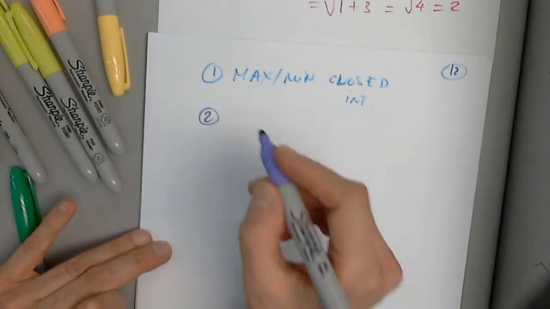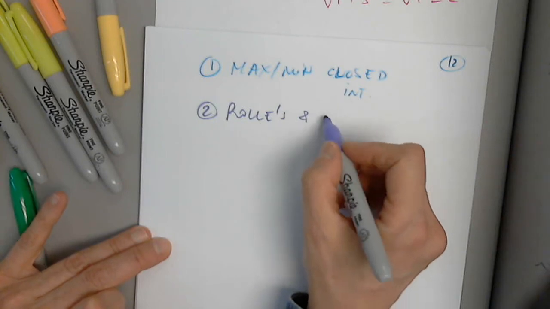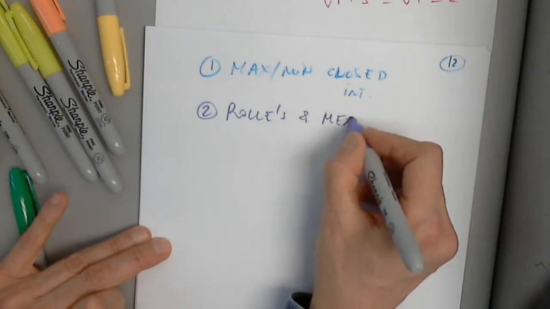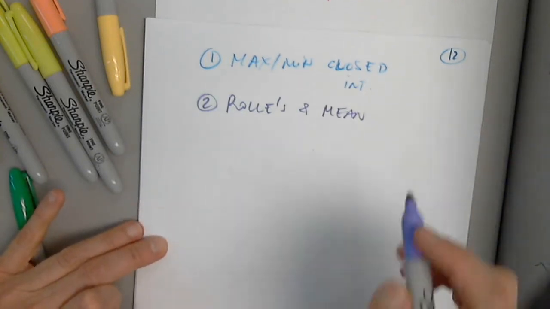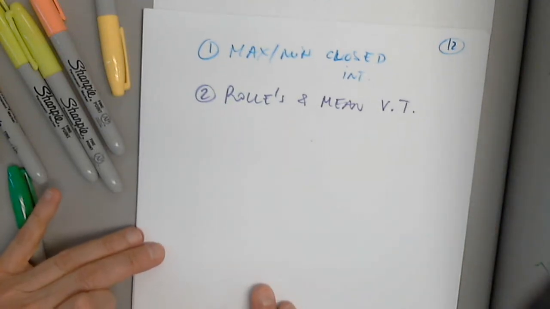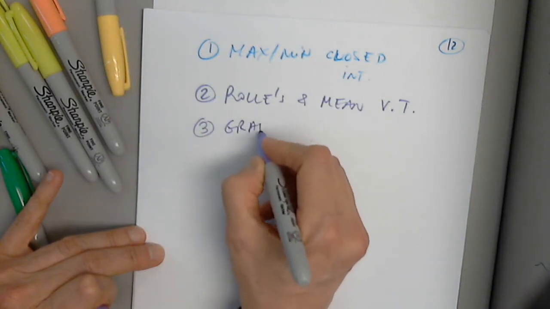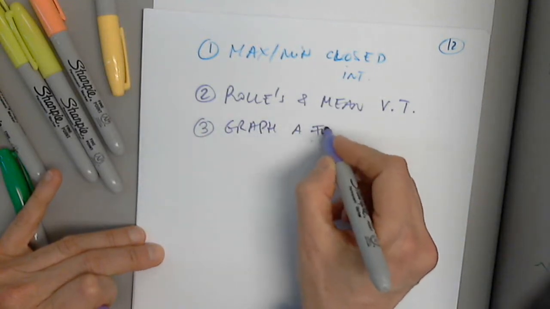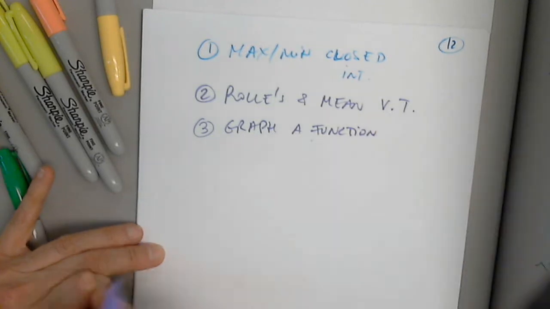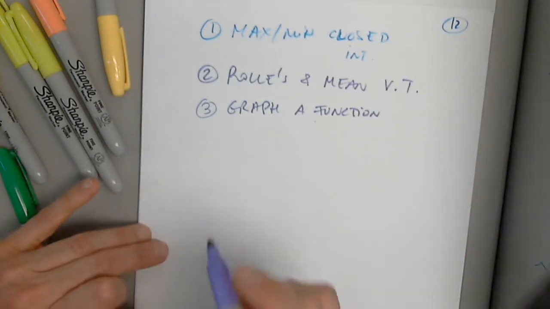Topic number 2, Rolle's theorem and the mean value theorem. Number 3, graph a function with everything. First derivative, critical numbers, increasing, decreasing, everything.